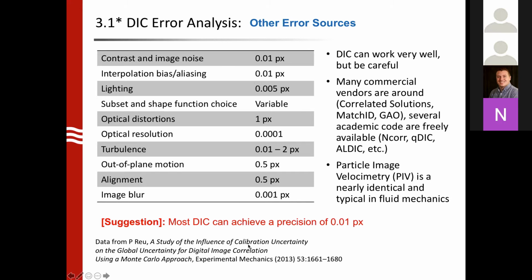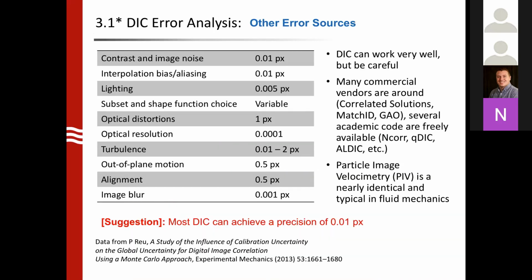You can check this paper, because errors come from image noise, the experimental setup, interpolation error, or out-of-plane motion, lots of those reasons. The good thing is that as long as you don't have much out-of-plane motion or misalignment, the typical error for the DIC is 0.01 pixel. This is the general idea for most DIC accuracy.